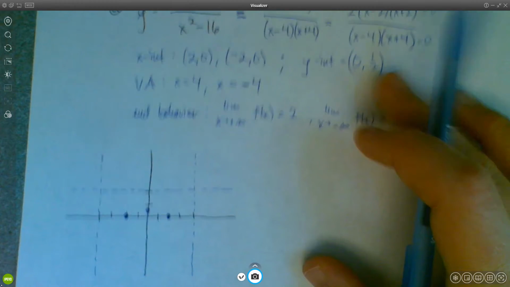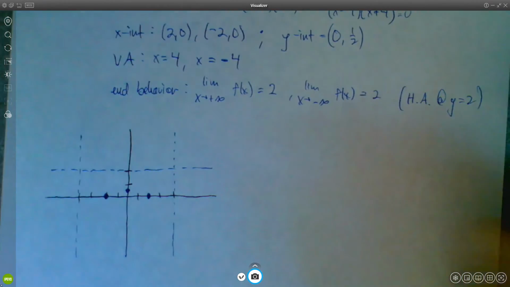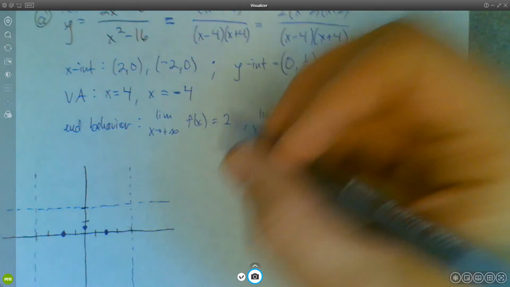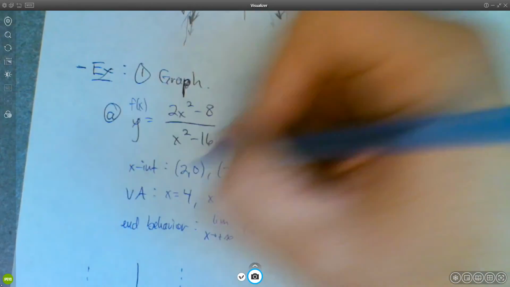But to verify that, we could look for relative extrema, and we could look for inflection points. So let's do that. Again, I'm changing the name here to f instead of y. I'm calling it f of x.